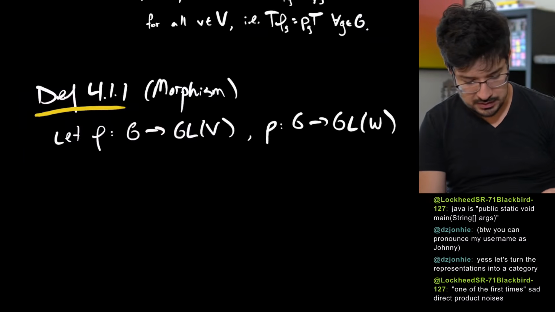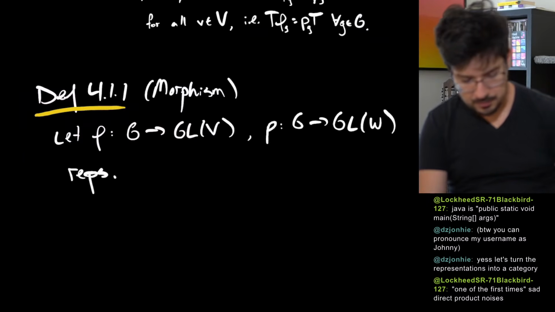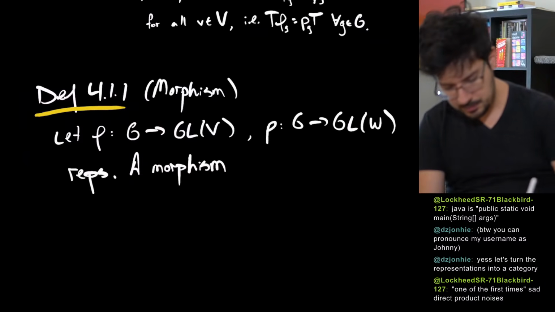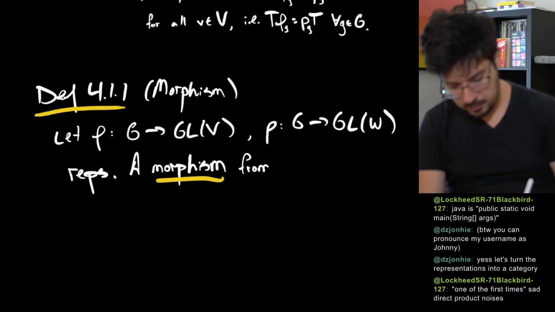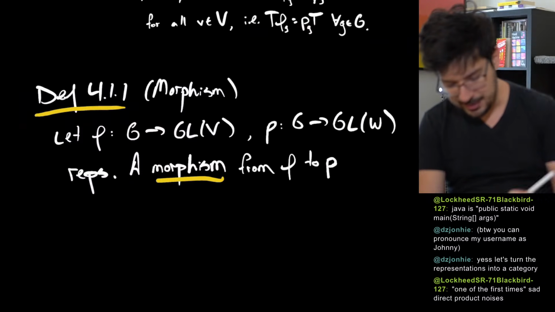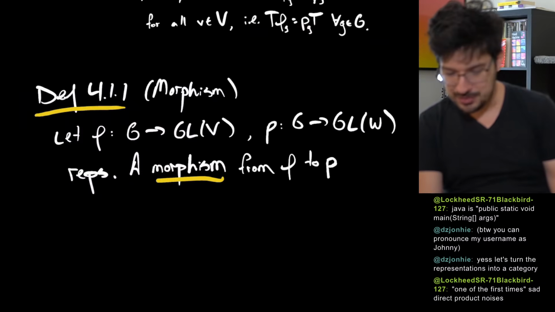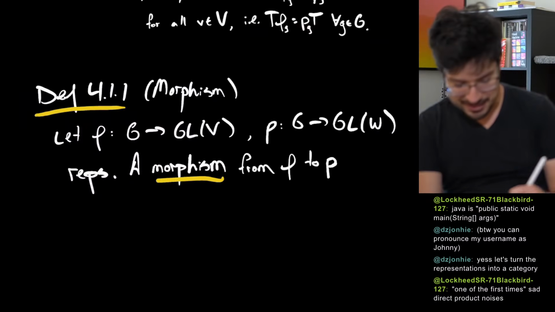Okay, so these are reps. Man, this is mathematicians gatekeeping. Phi and rho both look similar. Rho looks like you should just call it p. This is math gatekeeping right now.